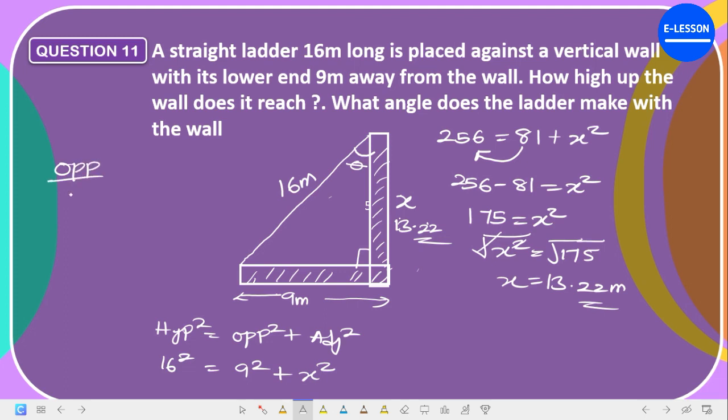Which is the opposite in this case? It is 9 meters. So we can say sine theta is equal to opposite over hypotenuse.